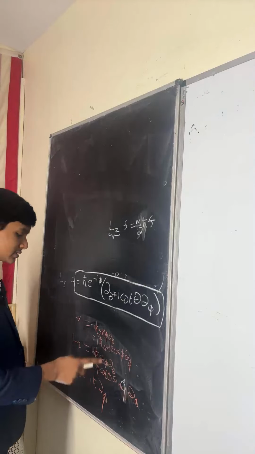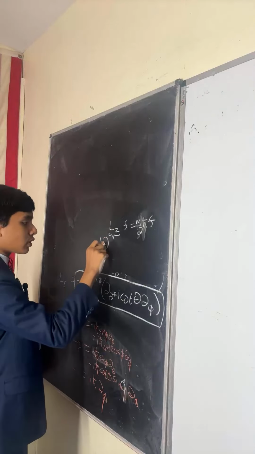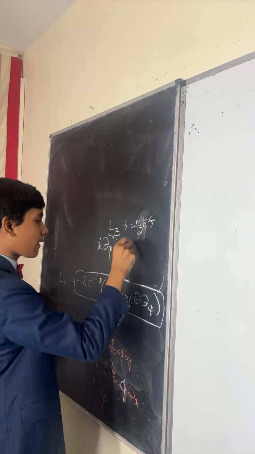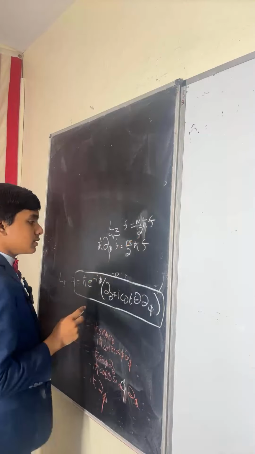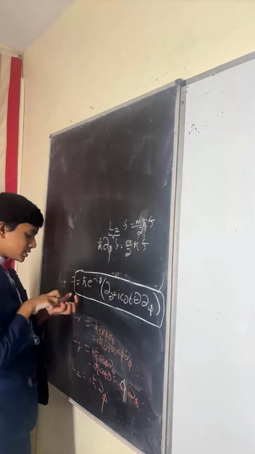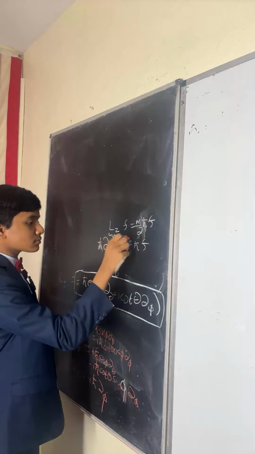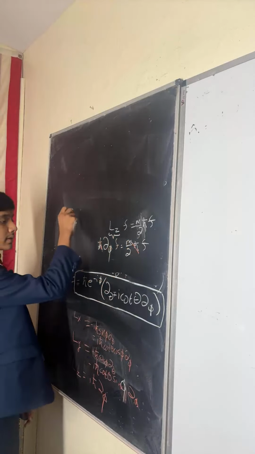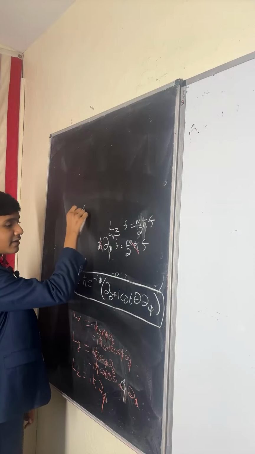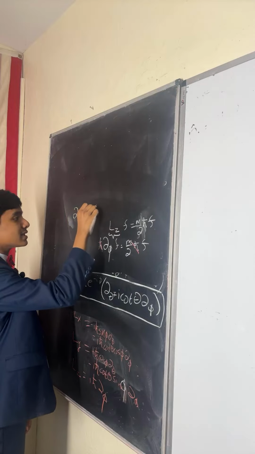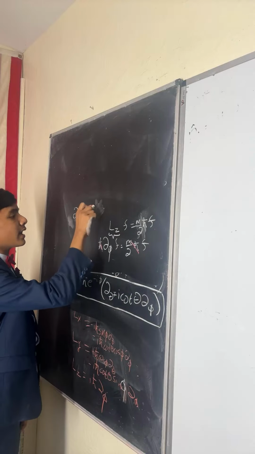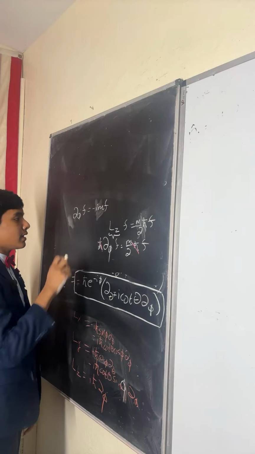Well, Lz is just iħ partial phi. So, the ħ's cancel out, and you get this very romantic proposition, that partial phi f is just equal to minus im over 2. Let's just write it as minus im for clarity, f.